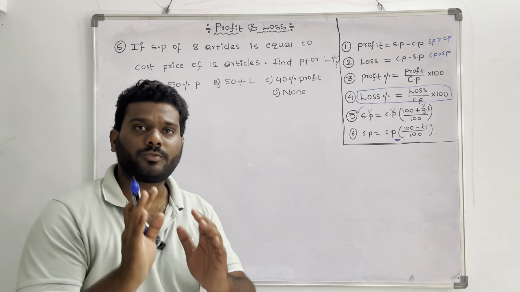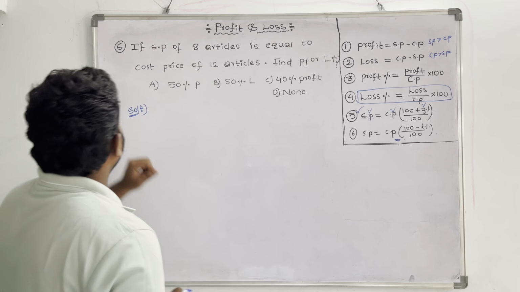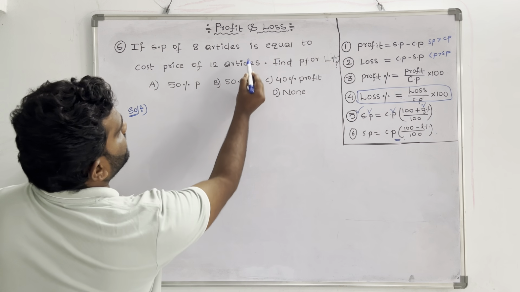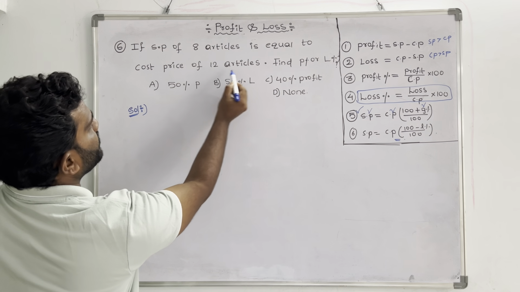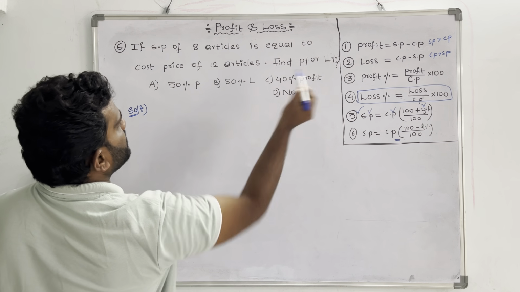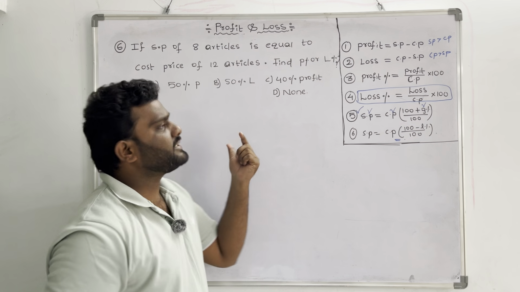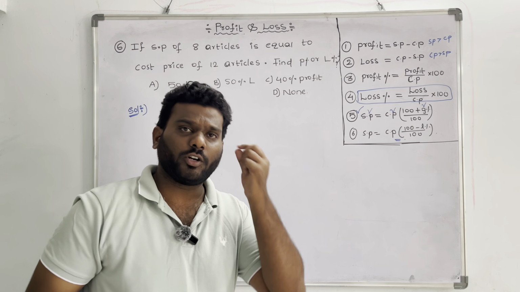Okay, just observe the sixth question, very important. If the selling price of 8 articles is equal to the cost price of 12 articles, find the profit or loss percentage. See, whenever these types of questions are given, just forget about the method.